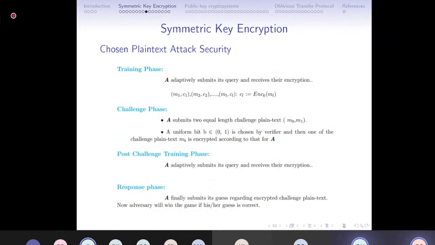Now, the previous scheme, the pseudo-random generator based symmetric key encryption scheme, is vulnerable to the chosen plaintext attack and chosen ciphertext attack. So our aim is to construct a symmetric key encryption scheme that is secure against the chosen plaintext attack.